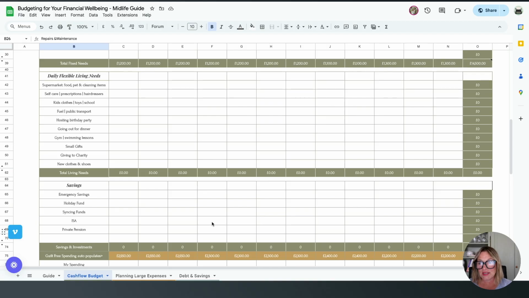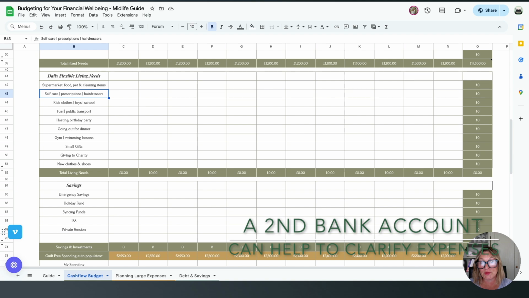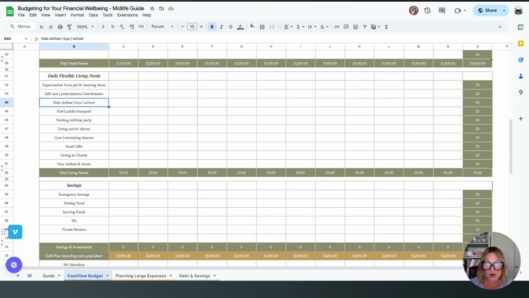Let's move down to your daily flexible living needs. Now, you've got a supermarket here, food, pet and cleaning items included, like most of us, or you might actually want to have a B&M home section here, whatever floats your boat, really. I've put in here self-care, prescriptions, hairdressers, all that good stuff, kids' clothes, toys, school. Whatever suits you, use it, change the wording, take that row out completely, whatever you want to do.